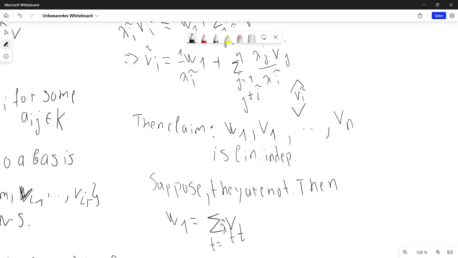One t equal to i theorem. Then yeah, exactly that. And well, that is for some lambda t theorems, right?